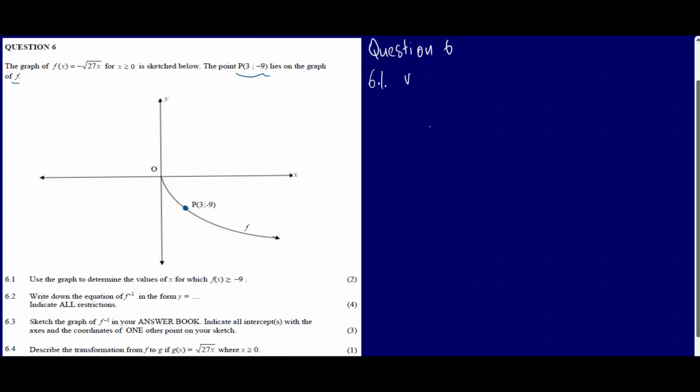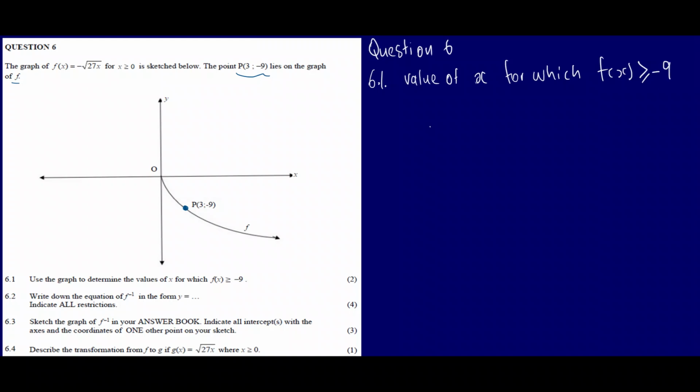So we need values of x for which f of x is greater than or equal to minus 9. The first thing we do is think of this minus 9 as a y value, so it means this is going to be y equals minus 9. We ask ourselves, where is this y equals minus 9?